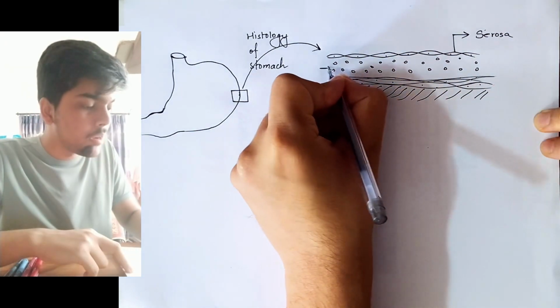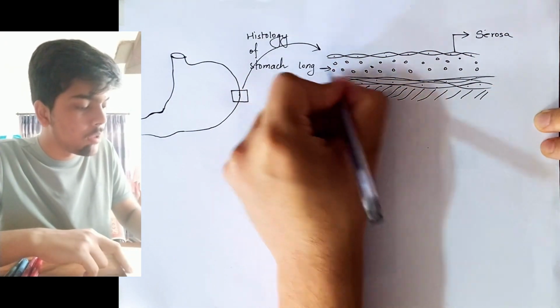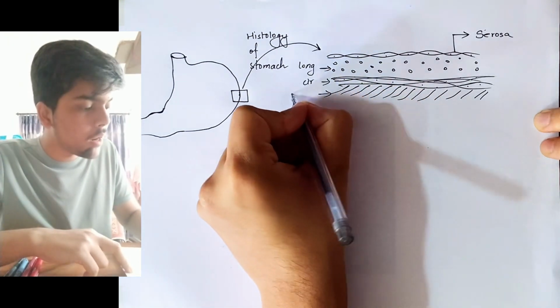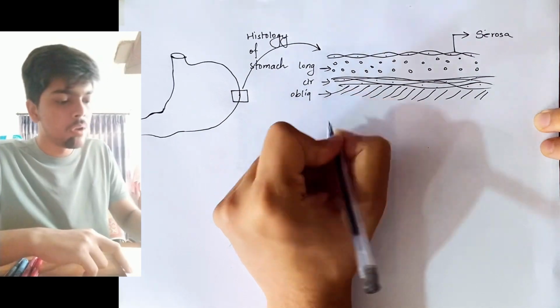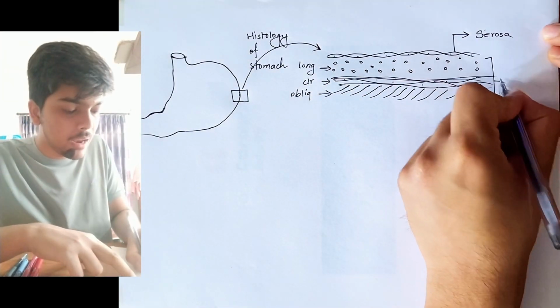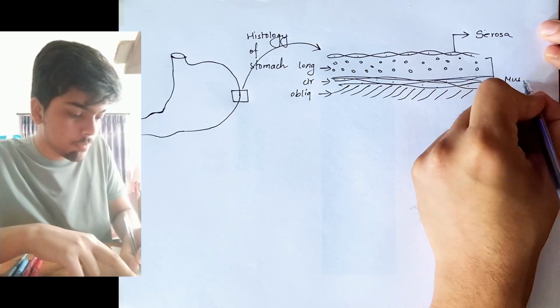So what you have here is longitudinal muscle, what you have here is circular muscle, and what you have here is oblique muscle. All these three types of muscles together form the second layer called muscularis.